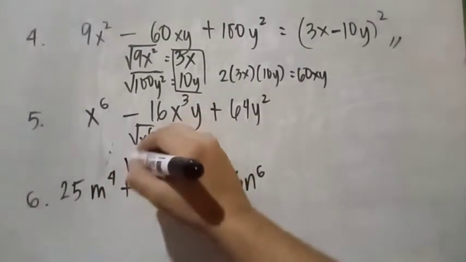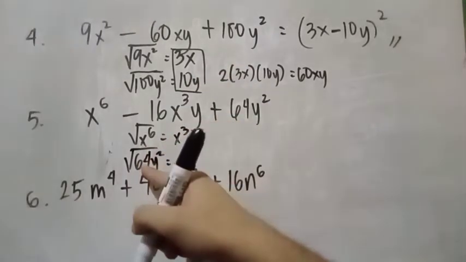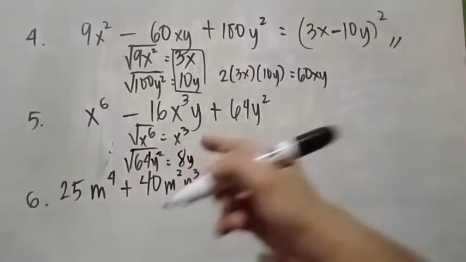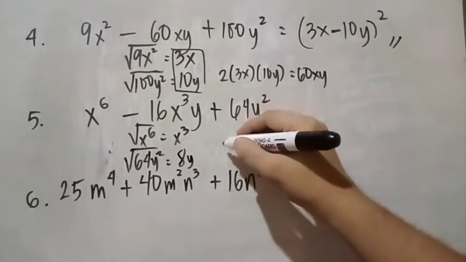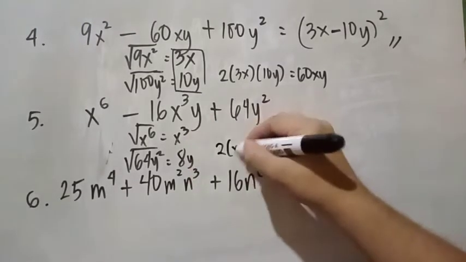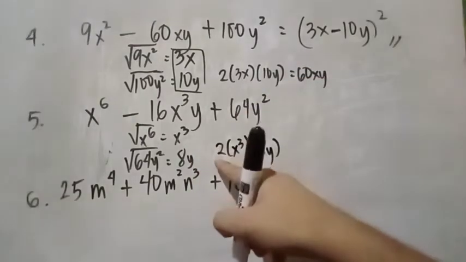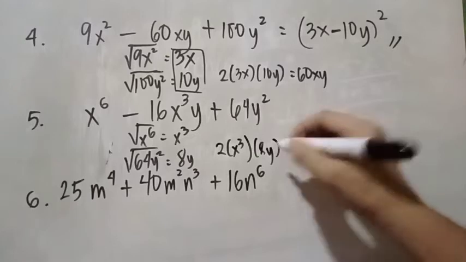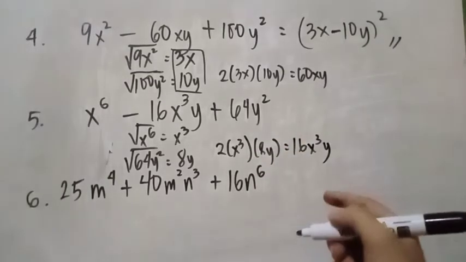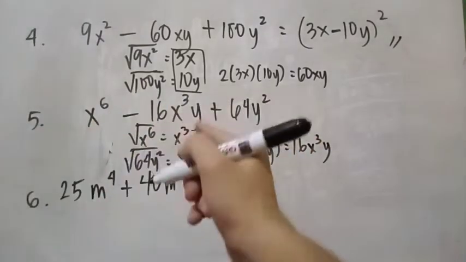And then, 64y squared. So, square root of 64 is 8. And square root of y squared is y. We have 8y. And then, i-multiply natin yung 2 sa dalawang terms, x cubed and 8y. And then, we have 2 times 8, 16. Then, x cubed. Then, y. So, nag-match? Yes, nag-match. So, perfect square trinomial ito.